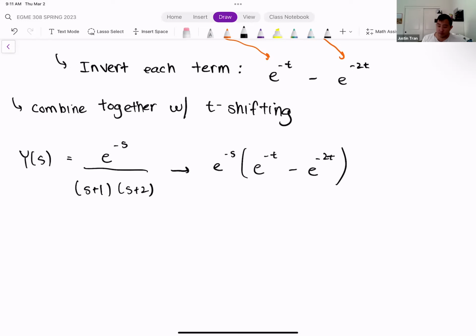So this right here is our inverted base function. So that's what we just finished doing with the partial fractions.